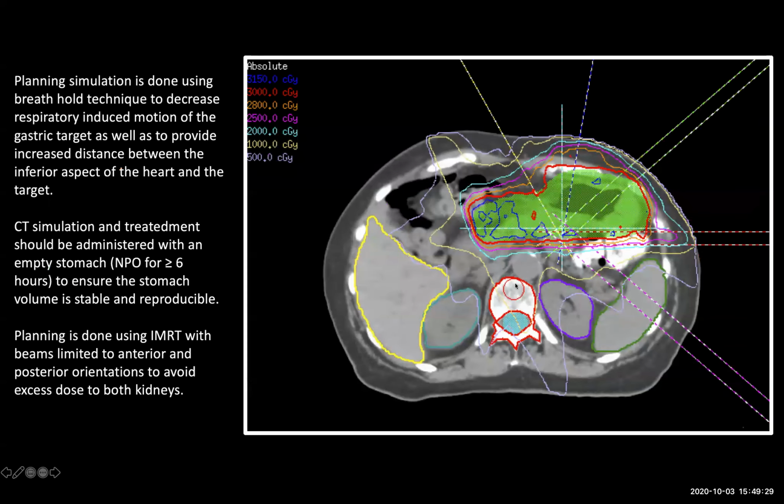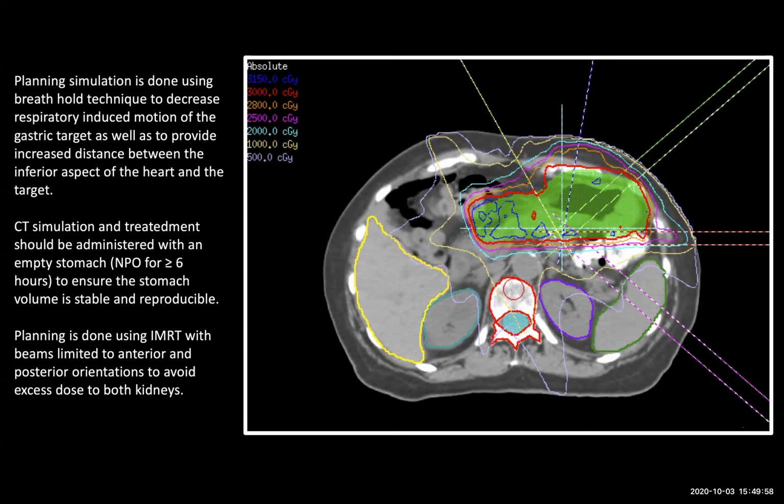This is how we plan. We try, as you can see, to choose the fields based on where the stomach is located. Stomach is one of those organs that moves a lot, has a different shape between different patients. Therefore, when you plan the IMRT angles, you have to have some forward thinking in how to choose these angles.